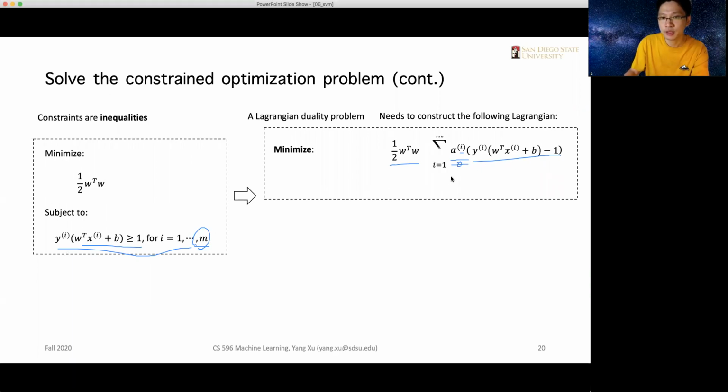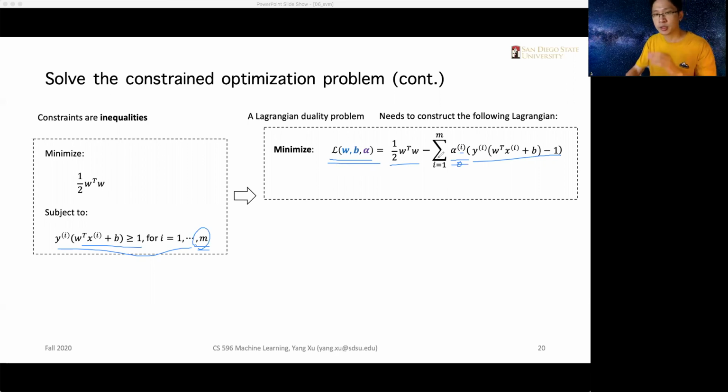Thus we need a summation, because we need to sum up all the m inequality constraints. The thing after the summation symbol is the Lagrangian multiplier term that we have constructed, and we call this whole expression the Lagrangian. This is the new quantity that we want to minimize.